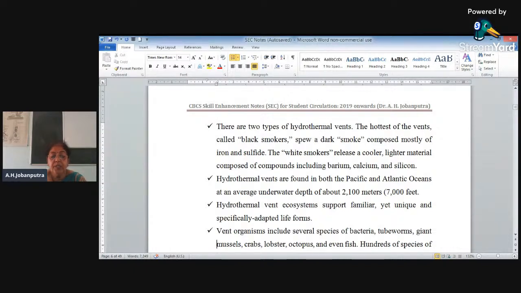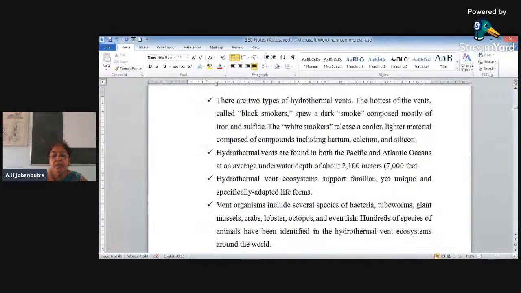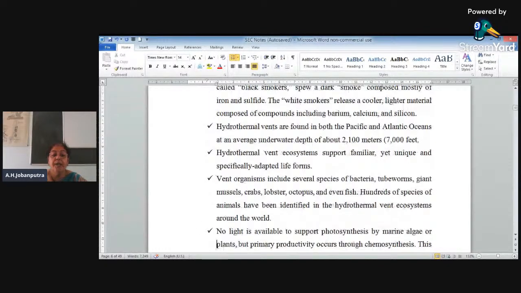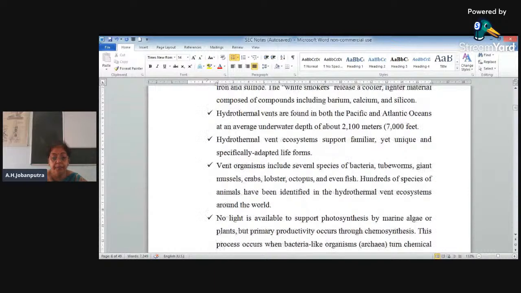The ecosystem of the hydrothermal vent contains only specific types of adapted life forms, mainly some species of thermophilic bacteria, tube worms, mussels, crabs, lobsters, octopus, and even fish. Some animals are also found in the hydrothermal vent ecosystem.